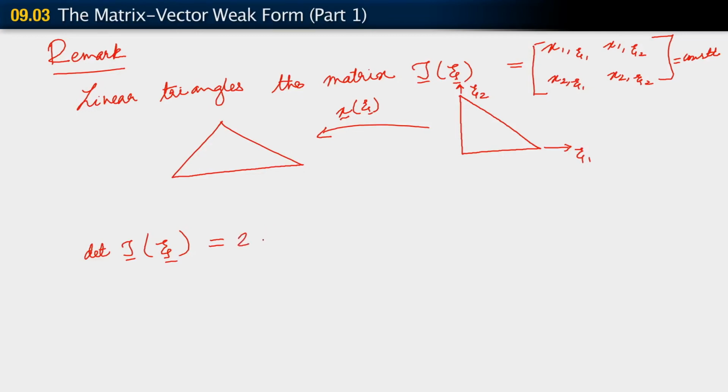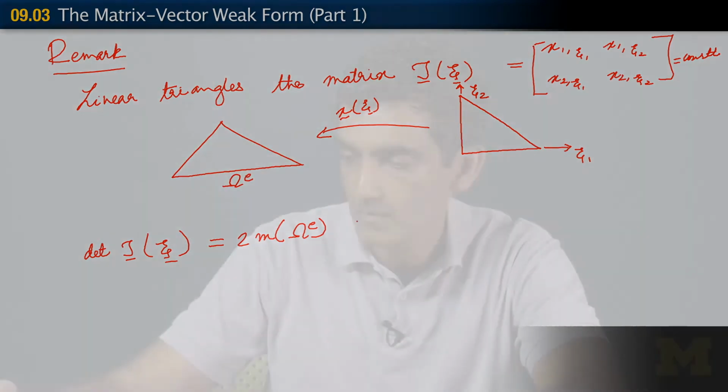It's always twice the area of omega E. Okay, the measure of omega E is the area of omega E in this case. So that's a special case for linear triangles. It's something that's useful to know and to be able to use when one is developing these formulations. Okay? All right. So let's return then to assembly.